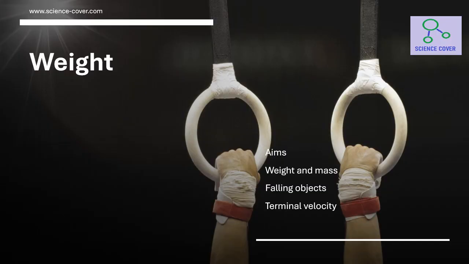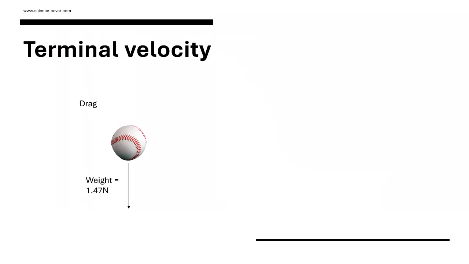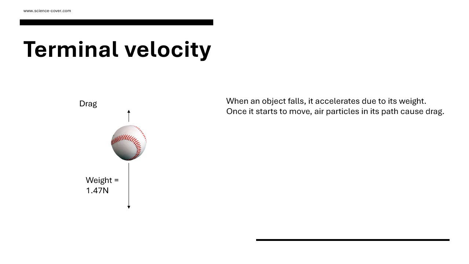Now let's look at terminal velocity. As an object falls, it accelerates due to its weight. This baseball has a weight of 1.47 newtons pulling it towards the ground. Once it starts to move, air particles in its path cause drag.